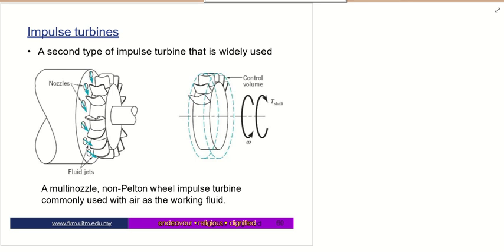So for this type of impulse turbine, as you can see, there are a lot of nozzles installed. Okay, and then very high speed velocity from the nozzle rotates this bucket, and then produces the power to the shaft.